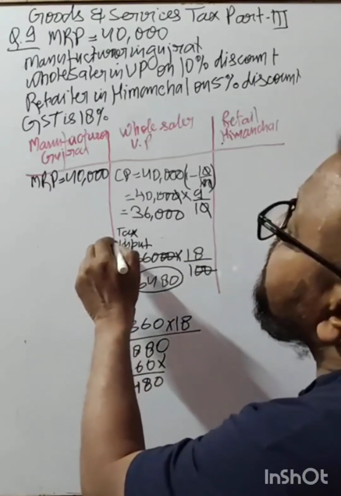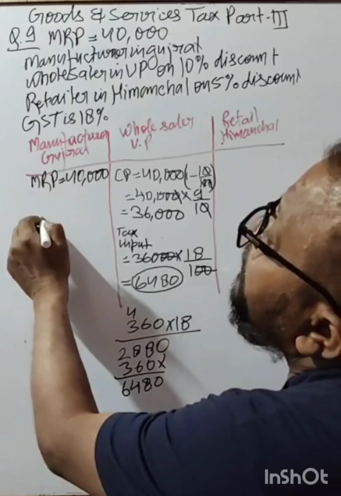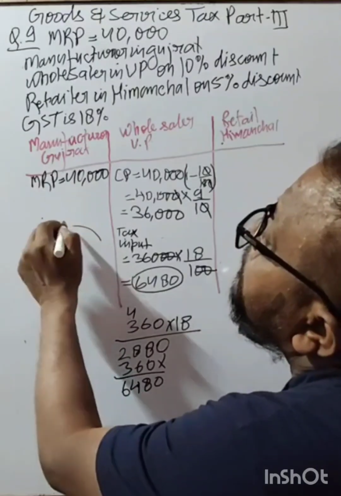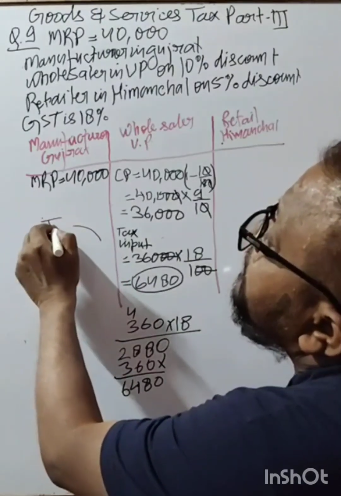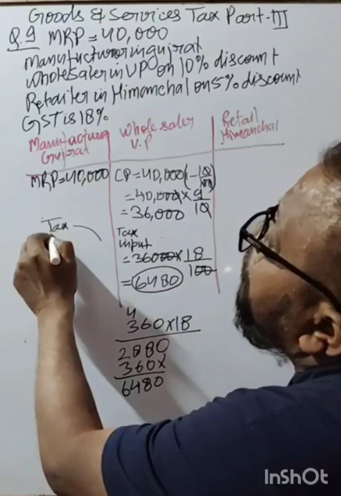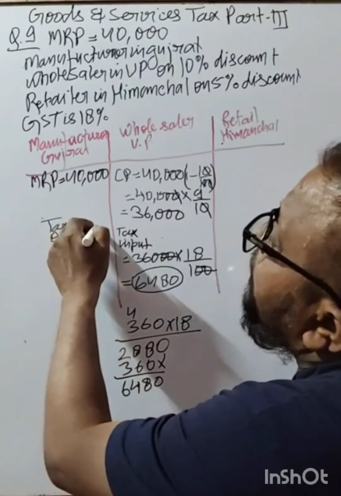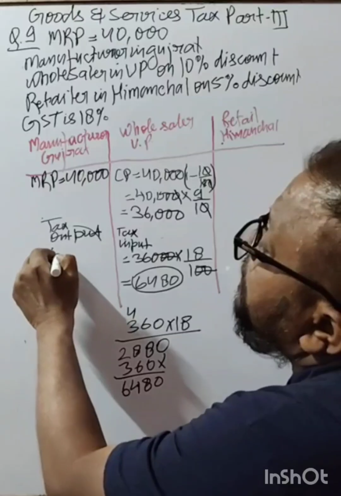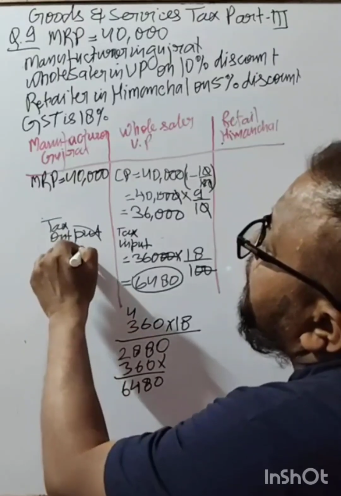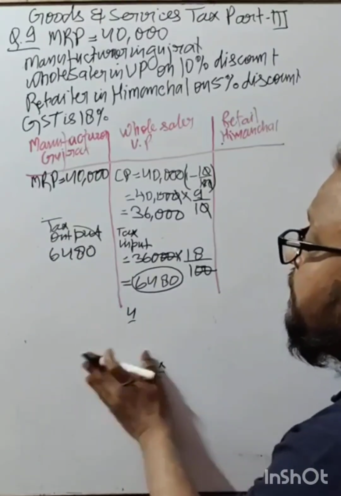So input tax ये है और output tax for the manufacturer is 6,480 rupees, right?